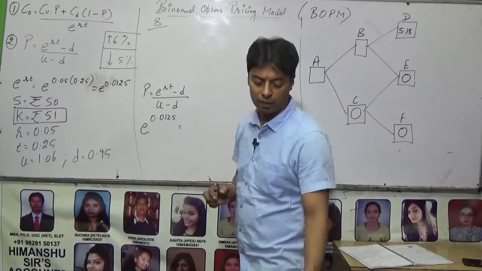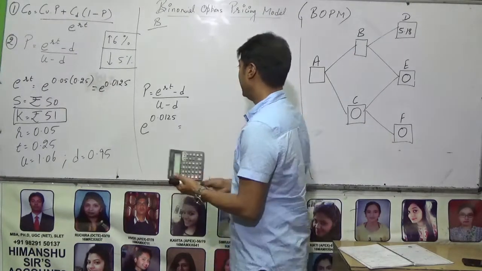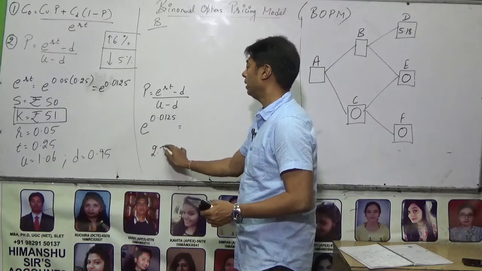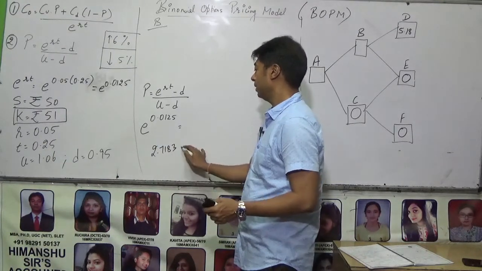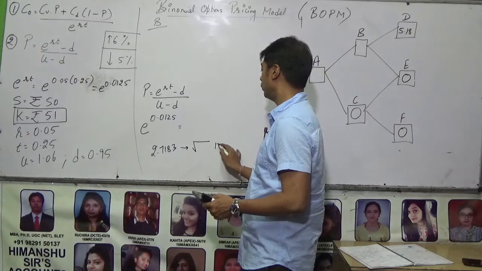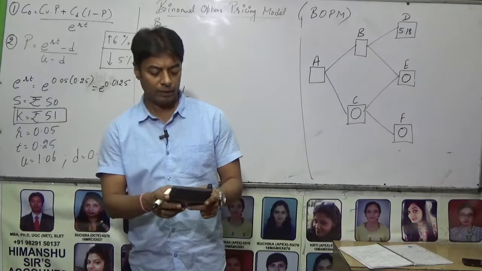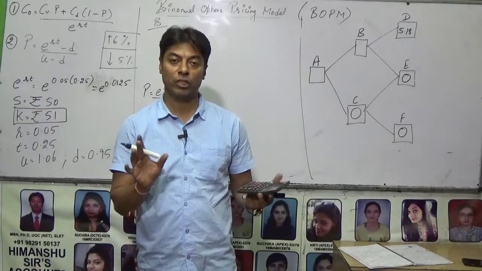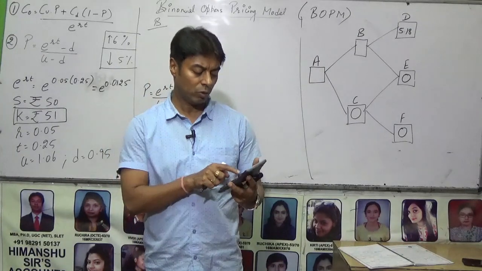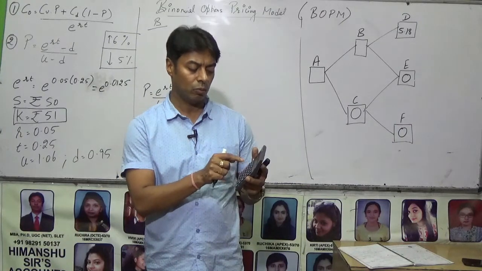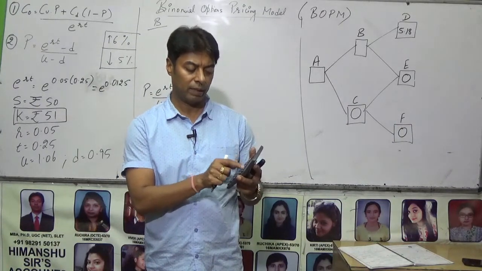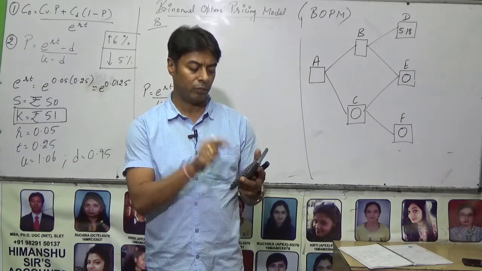But in simple words, you can take the constant 2.7183, it's an exponential constant. Then just take the square root 12 times. 1, 2, 3, 4, 5, 6, 7, 8, 9, 10, 11, 12.